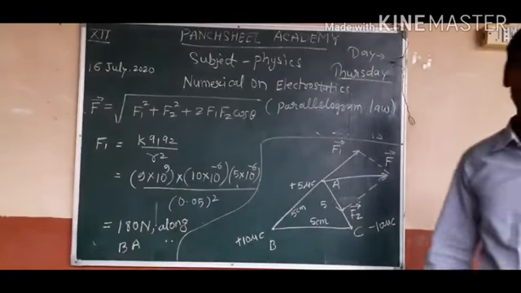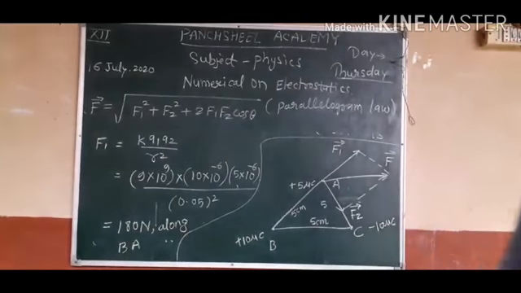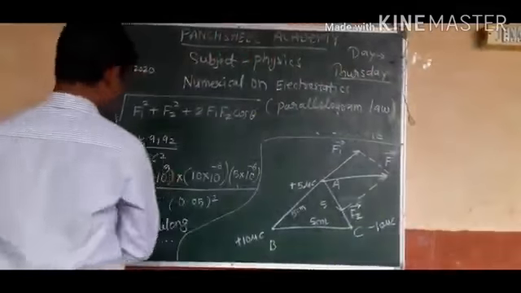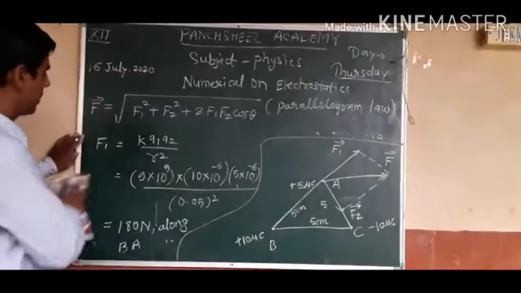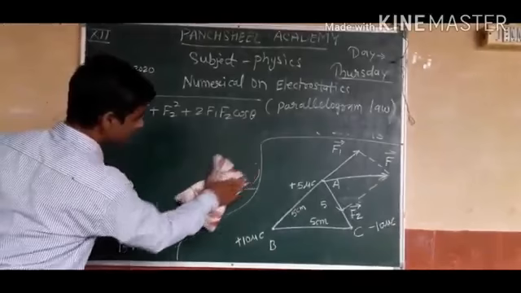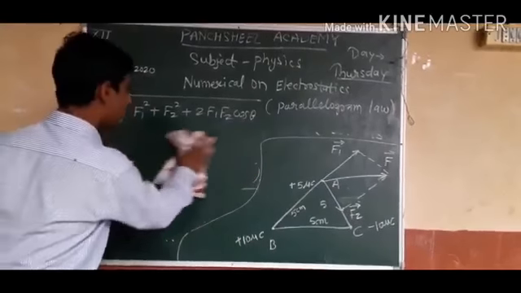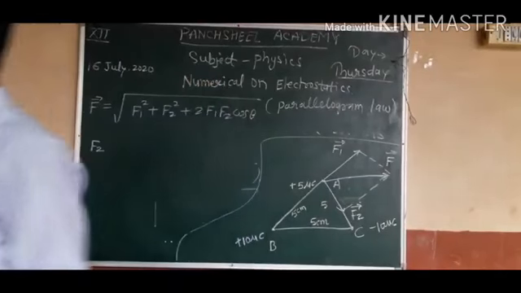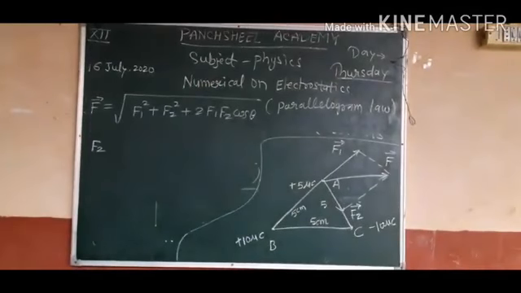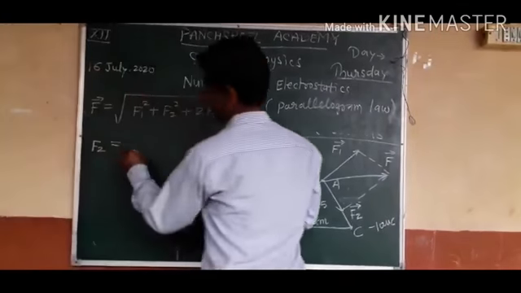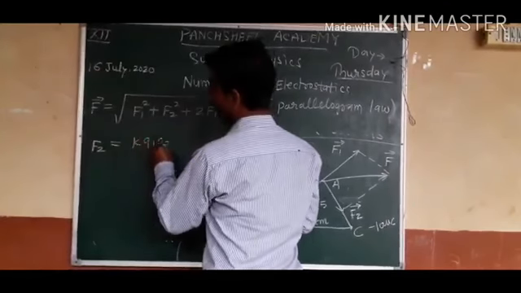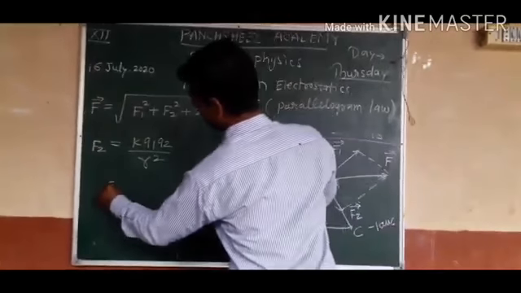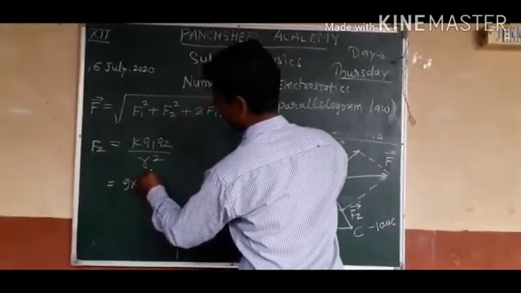Now you have to calculate F2. How to calculate F2? Same formula. F2 equals k Q1 Q2 by r square. So write here 9 into 10 to the power 9.